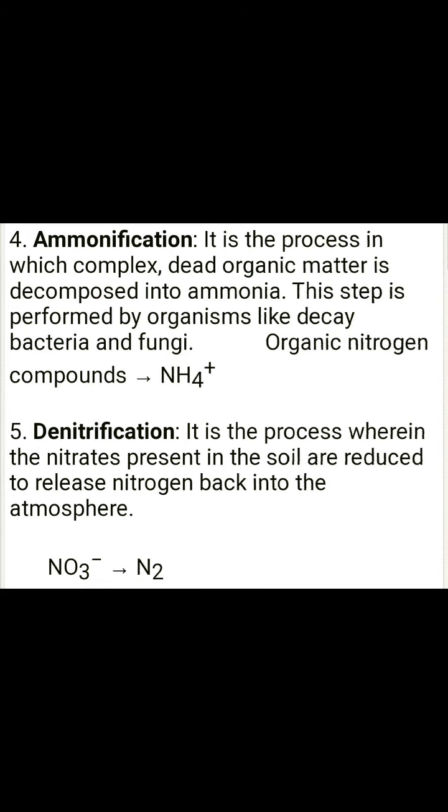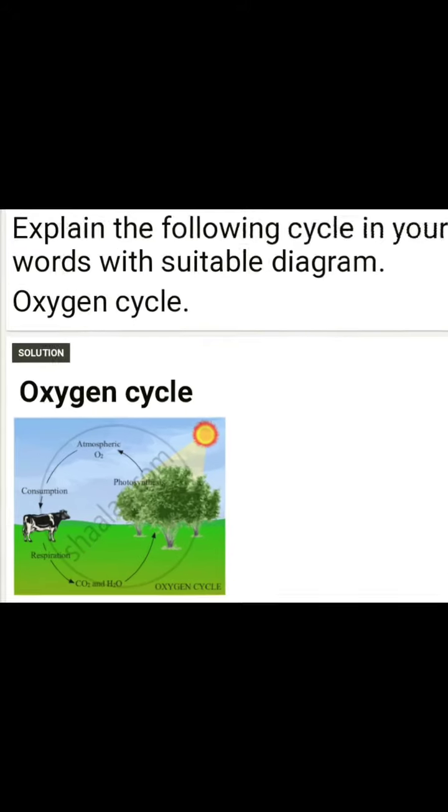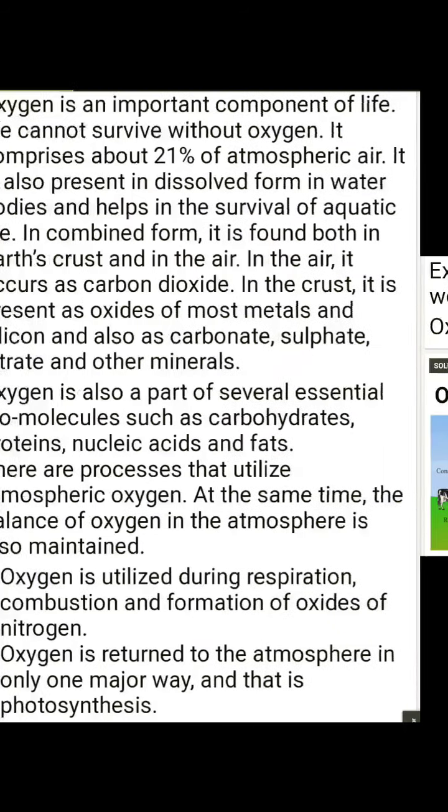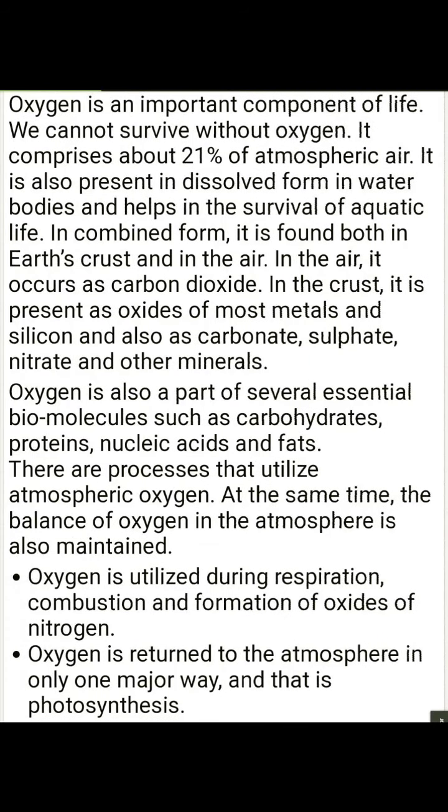The next cycle is the oxygen cycle. So students, again you have to draw the diagram of the oxygen cycle which is given in your textbook. Now we will explain the oxygen cycle. Oxygen is an important component of life. You all know that we require oxygen and we cannot even survive without it.